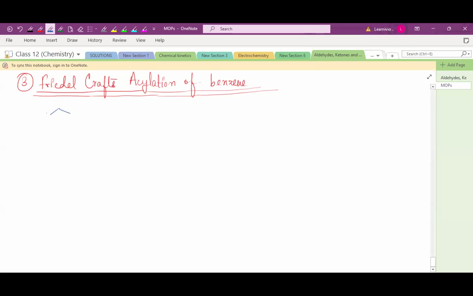Okay. So let's see by Friedel-Crafts acylation of benzene how we can prepare the ketone. Suppose we just take the benzene and acylation. In Friedel-Crafts acylation, we use this acyl chloride, RCOCl. This is your acyl chloride, RCOCl, in the presence of anhydrous AlCl3.